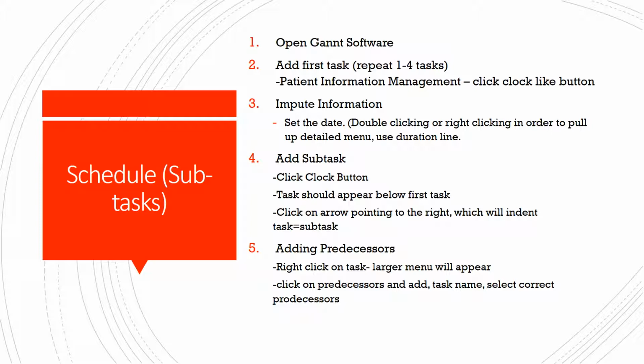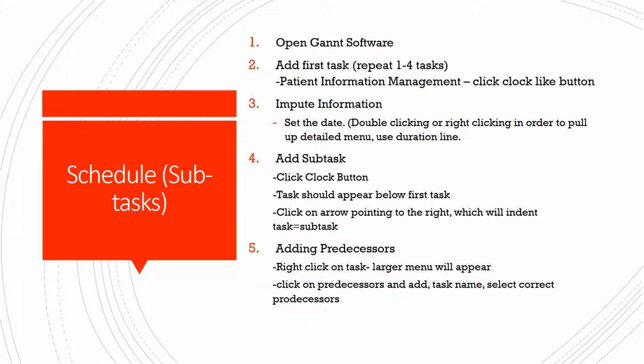Next, you're going to add your subtasks. The clock-like button, once again, tasks should appear below the first task, so it'll be an indented line. And then you'll have your subtask, and you're going to want to do the same steps as the duration and adding a title for each of those subtasks. And then 5 is you're going to be adding your predecessors. So that can be done by right-clicking on the task.